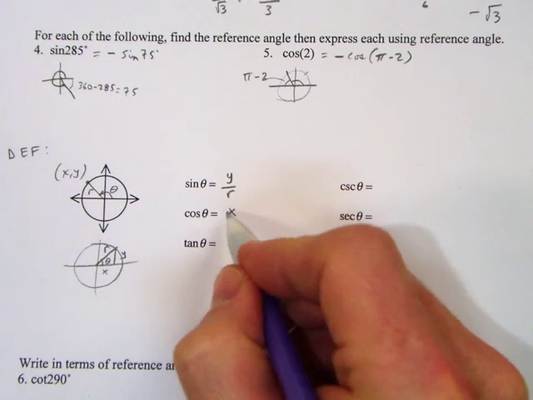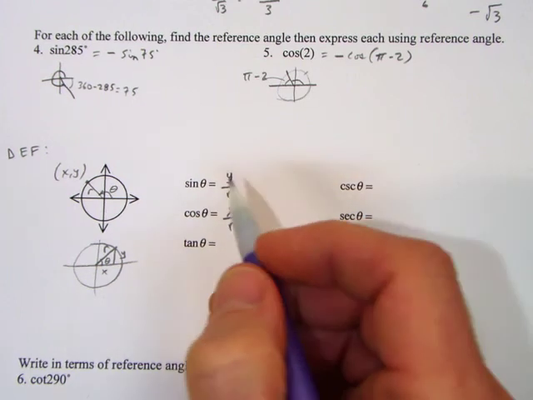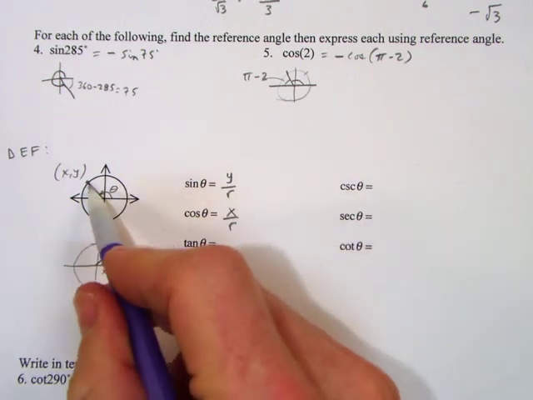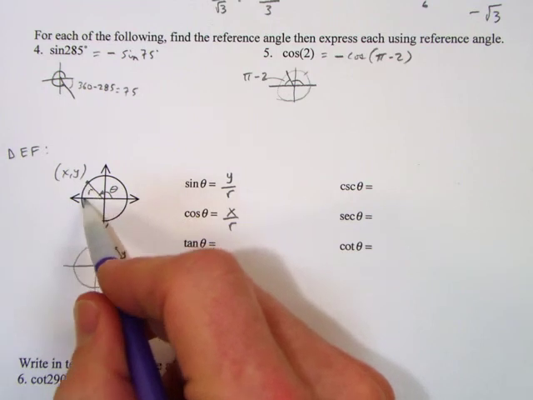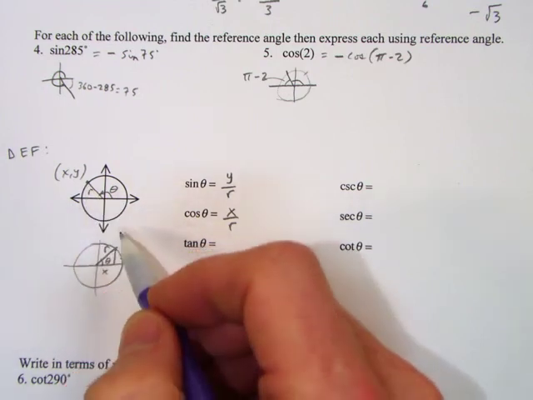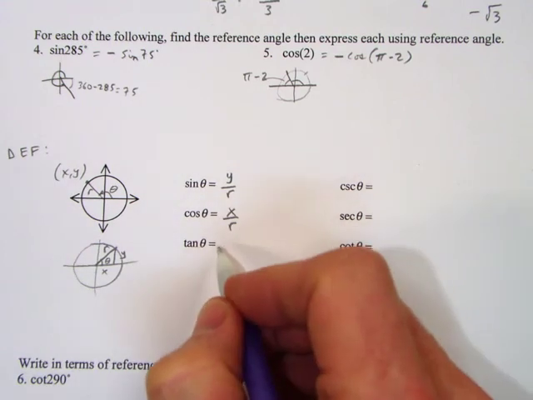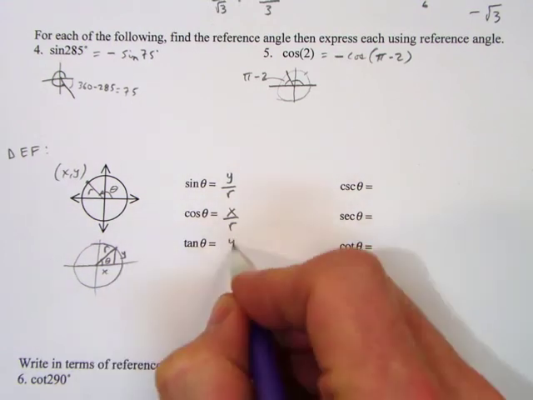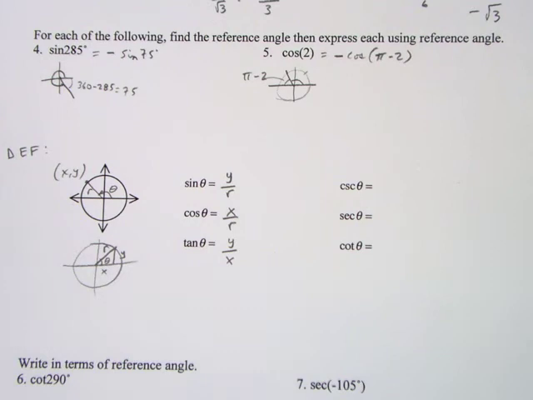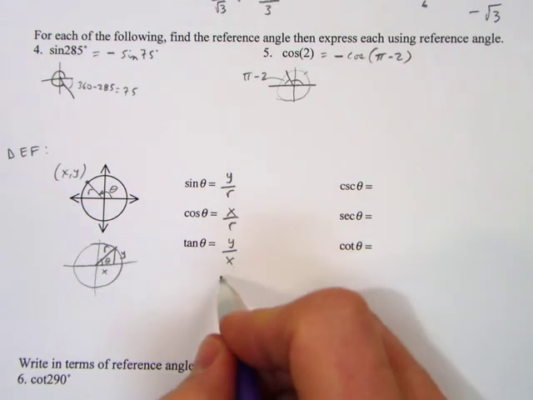Cosine would be the adjacent over hypotenuse, and we can deal with the reference angle, and as long as we take into account if it's positive or negative, these always work. And then the tangent is opposite over adjacent. And in this case, x cannot equal 0.